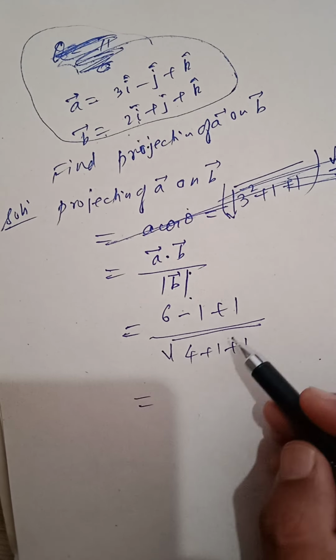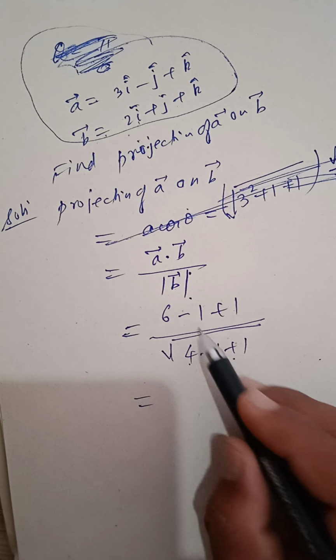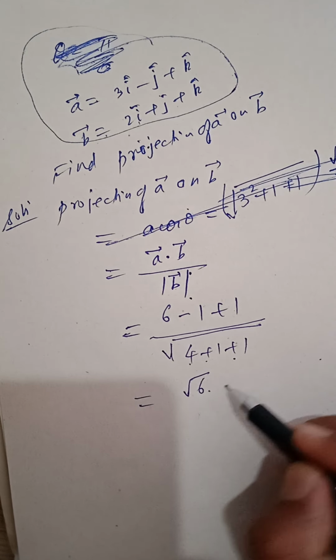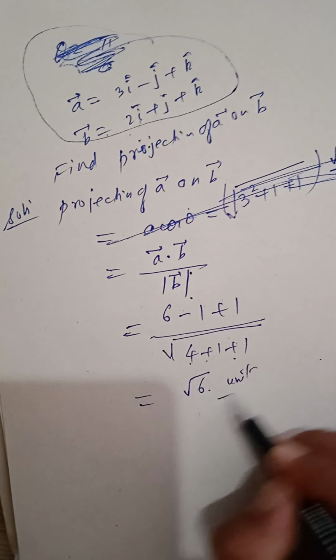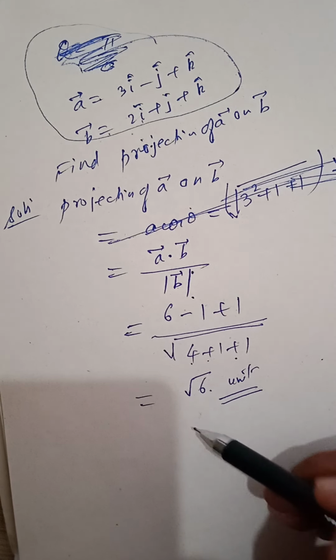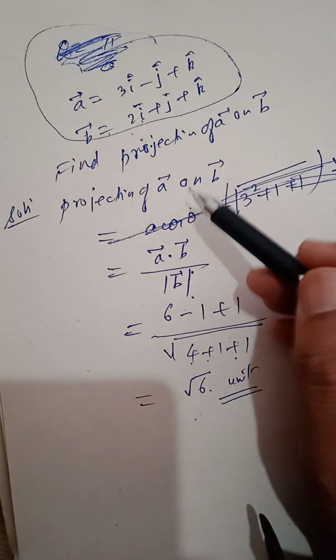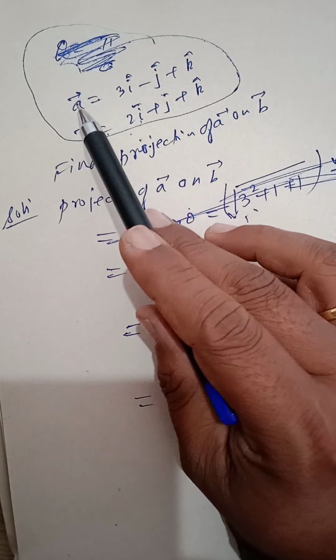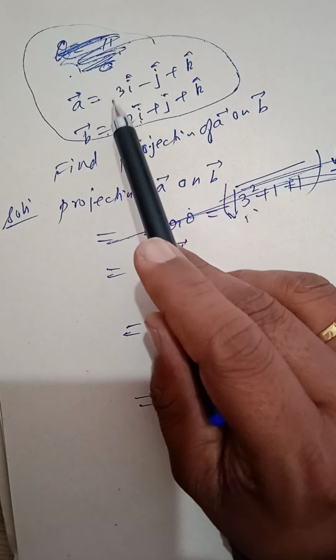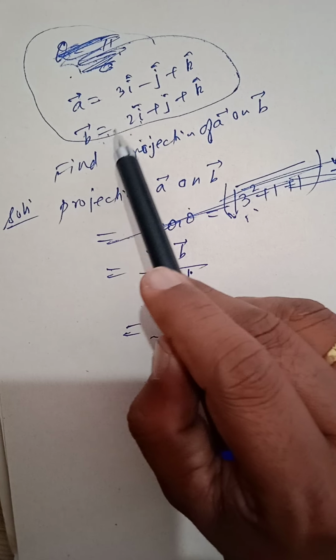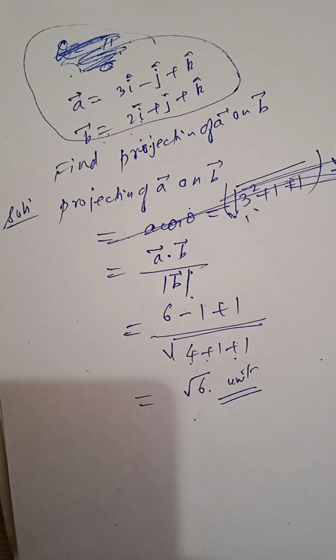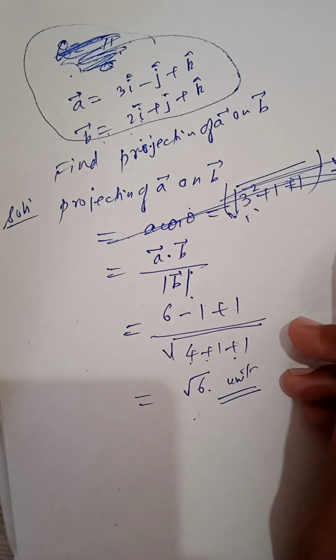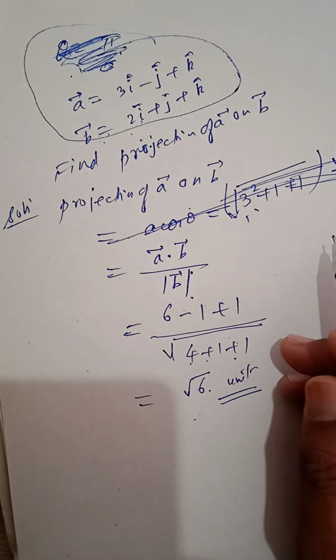So actually we are getting 6 upon root 6, that is root 6 units. If you had found it through the other formula, it would have been wrong, because the angle pi by 6 is not the angle between A and B. This is what you have to consider. In this way, you can calculate the projection of one vector on another vector.